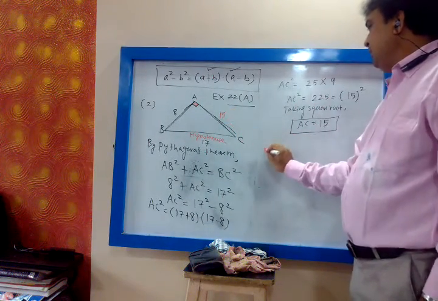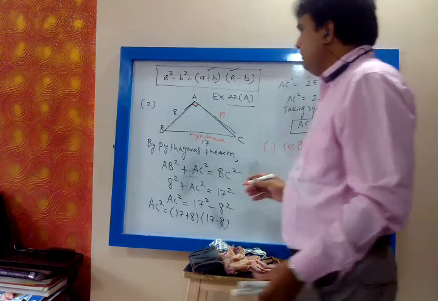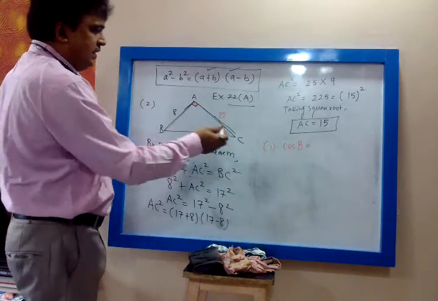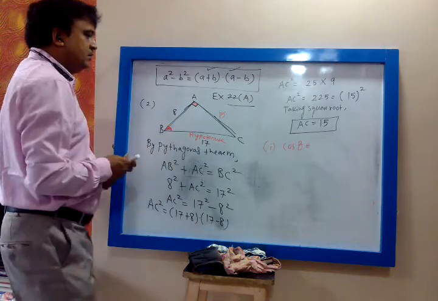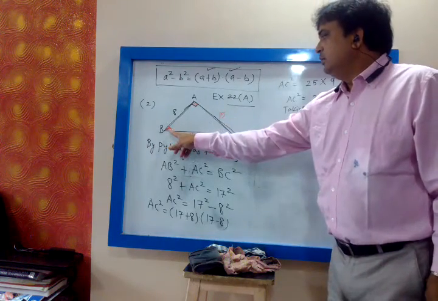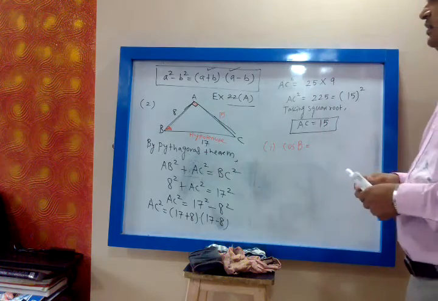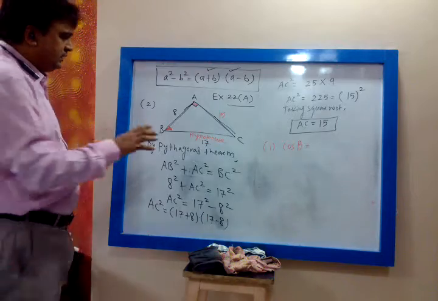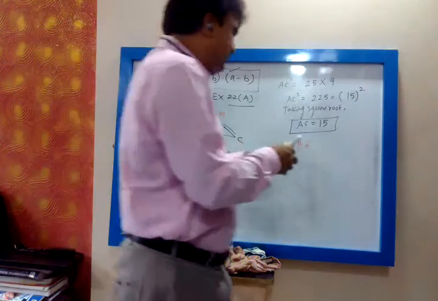Now find first cos B. Can you tell me what is my reference angle? B. Yes. Whenever it is cos B, means B is my reference angle. So with respect to B, what is the formula for cosine? Cosine is adjacent upon hypotenuse. Don't say base.